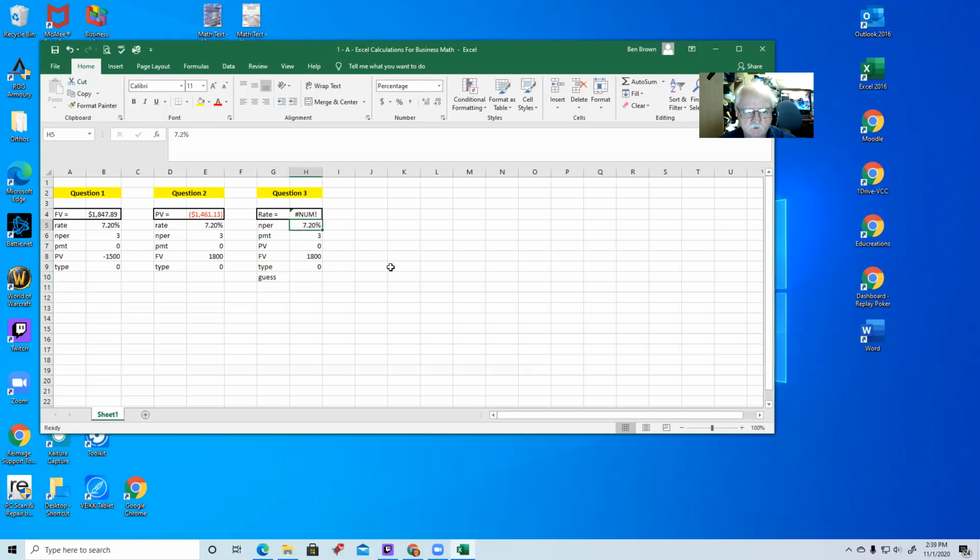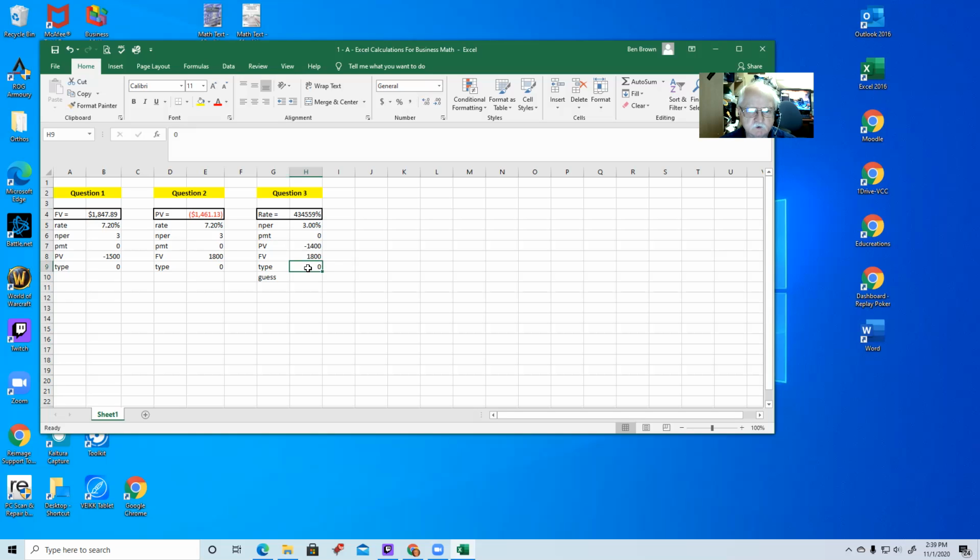So let's fill in what we know. The number of periods in this question was 3. The payment is 0. The present value was our 1400, but the cash flow concept says we're going to make this negative. The 1800, oddly enough, is in the right place.